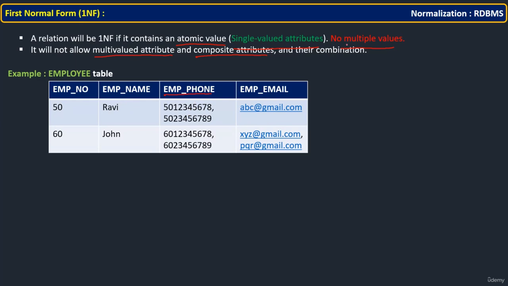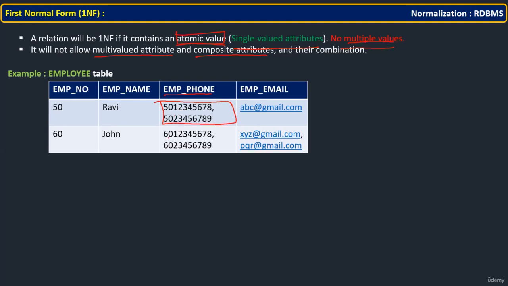That is multiple values under a single cell. In this one cell we have two values. This is not allowed. Only one value must be there. That is called atomic values. If every cell has atomic values, by default it is in the first normal form. So this kind of thing is not allowed.